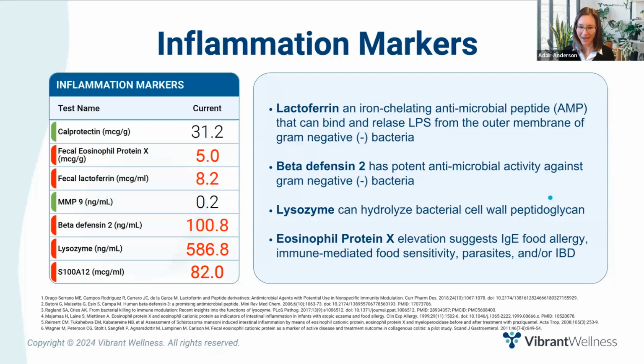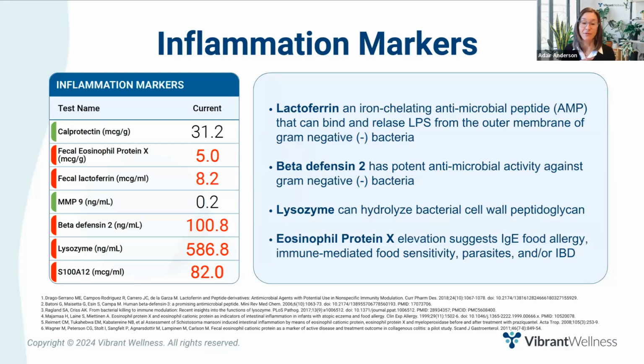Finally, as you might expect, inflammatory dysbiosis often comes with elevated levels of inflammatory markers. I'm just going to give you a couple of these that are relevant to LPS. So lactoferrin is an iron chelating protein of the innate immune system. All living things, of course, require iron to grow.